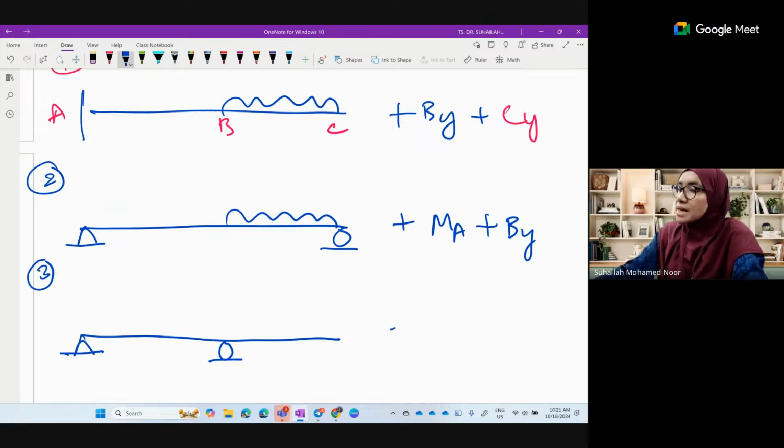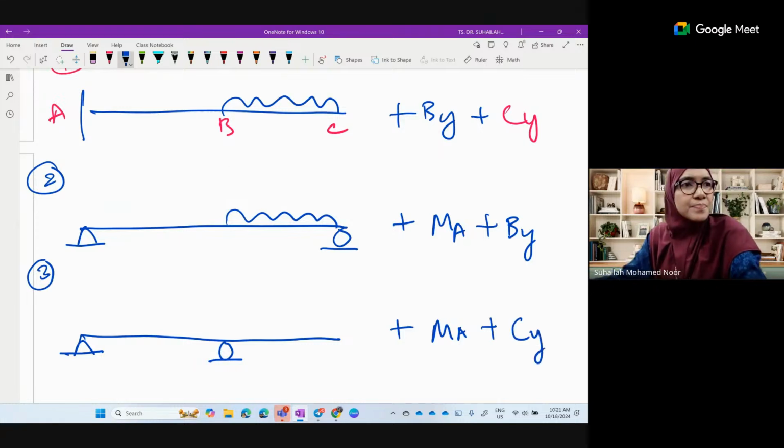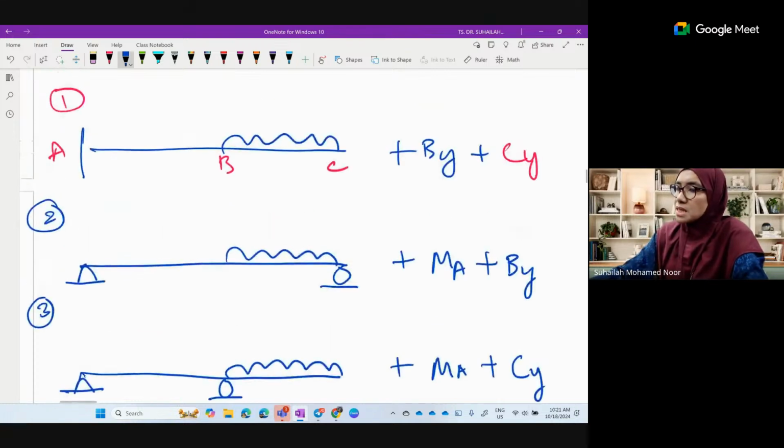So MA is the first redundant and CY is the second redundant. The loading remains.